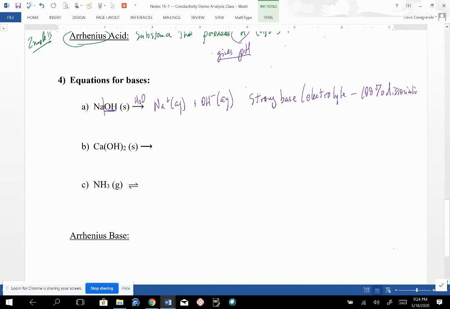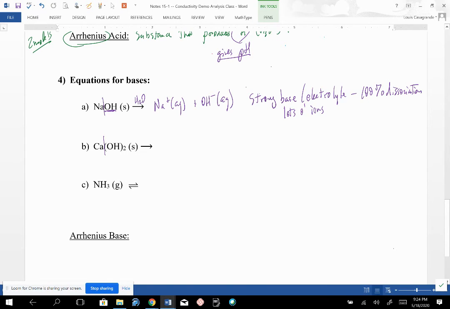Every NaOH dissociates, and that gives us lots of ions. By the way, there is a difference between dissolving and dissociating, like the non-electrolytes showed you. For calcium hydroxide, as before, we're going to split this apart.